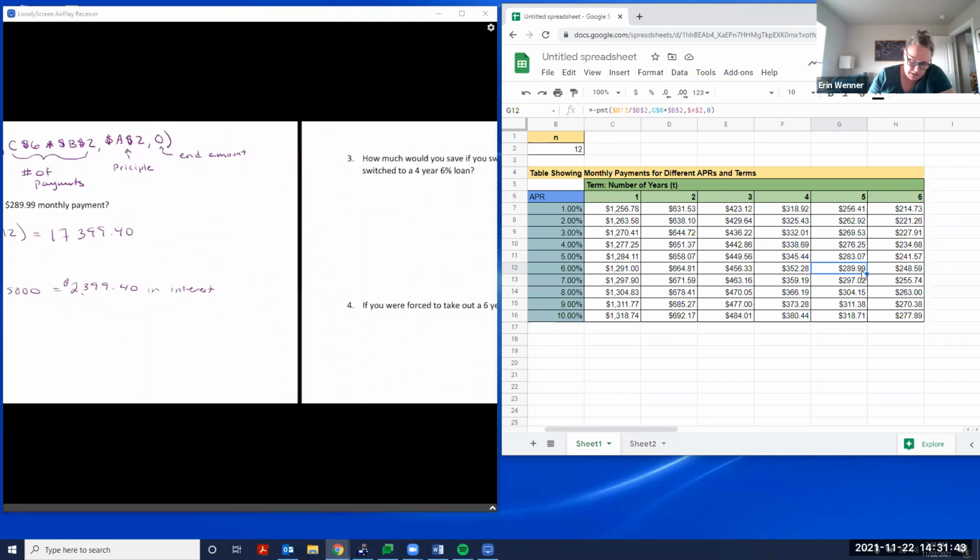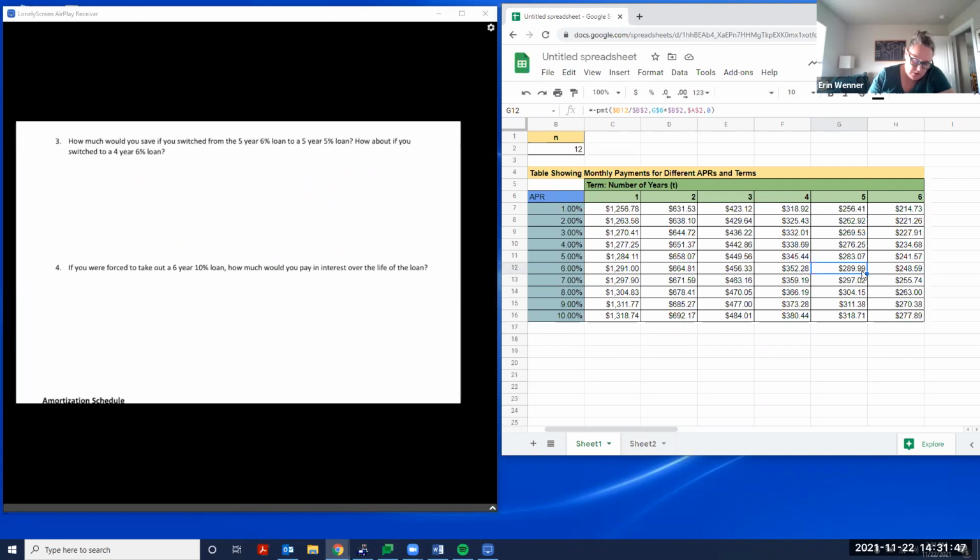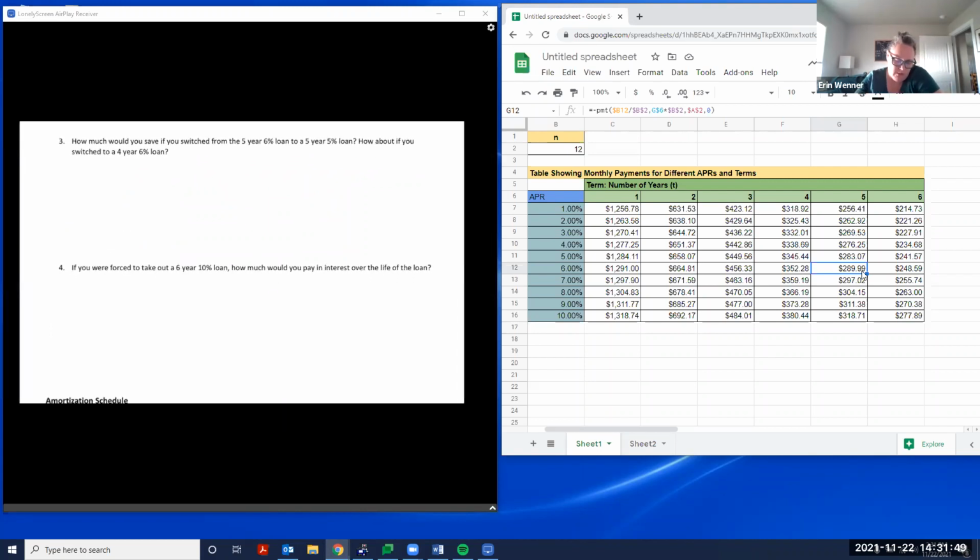So if we go to page 3, it says, how much would you save if you switched from the 5-year 6% loan to a 5-year 5% loan? So again, remember 5-year 6%.